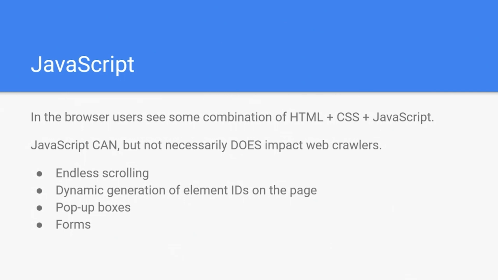The biggest problem that I usually encounter is endless scrolling, which is not necessarily endless, but basically you need to scroll the page in order to see more content. For example, you go to a news website, you see some page with 10 or so articles, but in order to load more, you need to scroll the page.